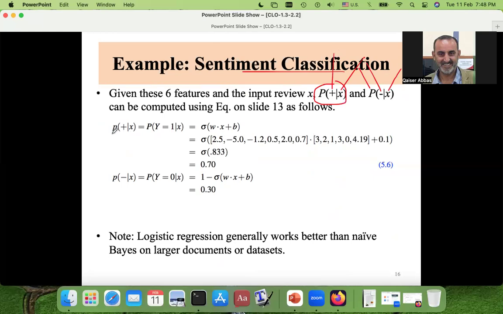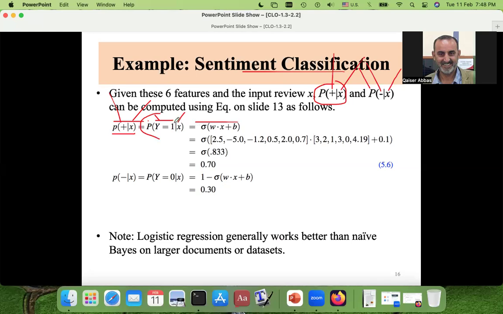Here we are writing mathematically. Probability of positive class given X would be, if Y is the class, probability of Y equal to 1 given X. It is not necessary to write this. You can just write the right hand side directly, okay?